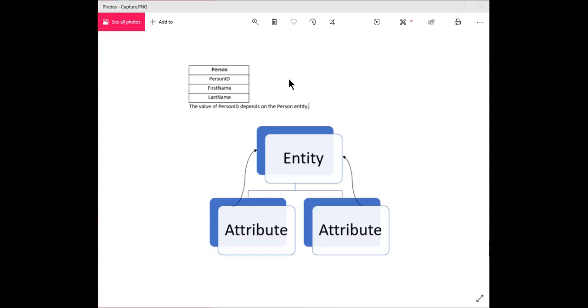So in a nutshell, an attribute cannot exist without an entity. That is the basic concept of a dependency. And when we get more into the normal forms here in a little bit, you'll be able to see more why dependencies are so important. So let's move on to another example now that we can actually see the data itself.